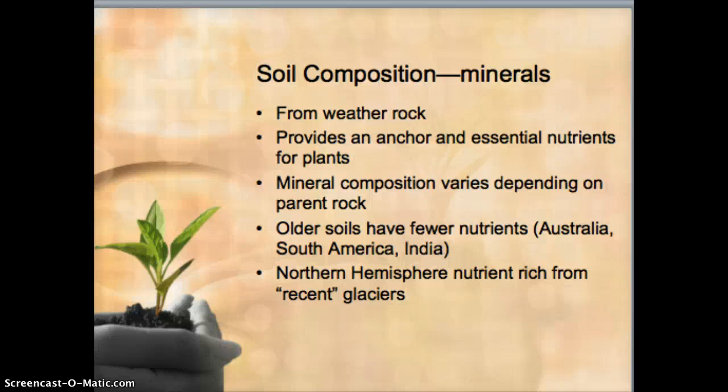The reason for that being that they've just been used up by all the plant material that has been having a home on that soil for an extended time. The northern hemisphere often has more nutrient rich soil, and that's from what we would consider our recent glacier activity, recent being several thousand years ago, but that's recent when we think in geological time.